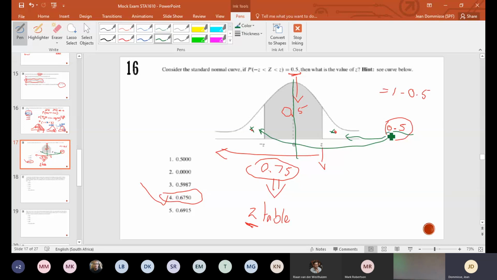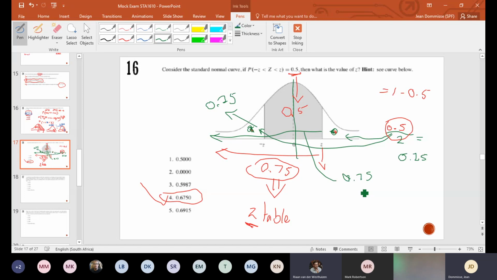That's why we can say 0.5 divided by 2 will give me this size, and it will give me that size, which is 0.25. So now I know that area is 0.25. If that area is 0.25 and that area is 0.5, then I know that whole area is 0.75. Ah, okay.